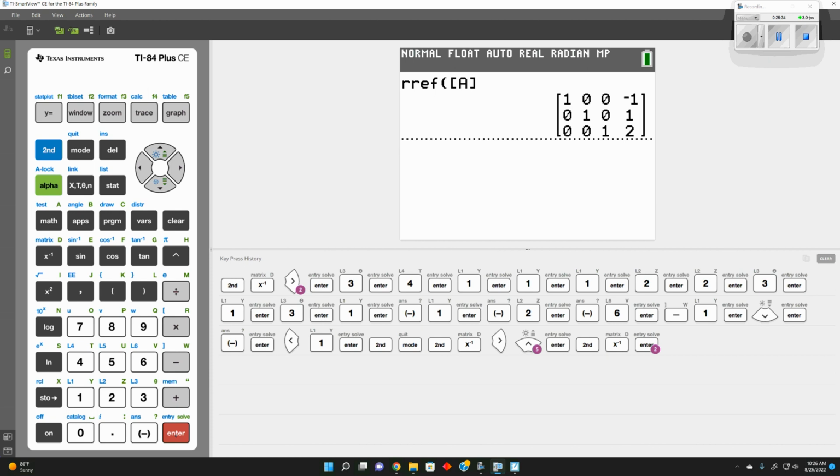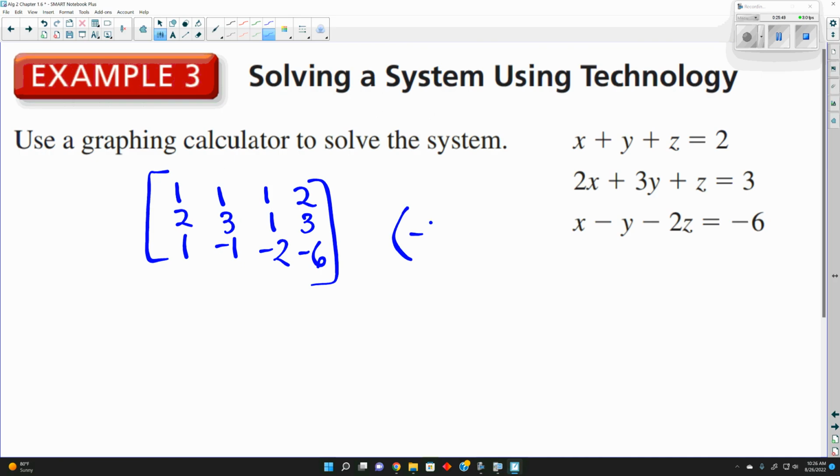So since we did this in the form, the first variable was x, second one's y, third one's z, x, y, z. The first number on top is going to be x, then y, z. Negative 1, 1, 2. So the solution for this here is x = -1, y = 1, z = 2. And that's the system. That's for solving the system.